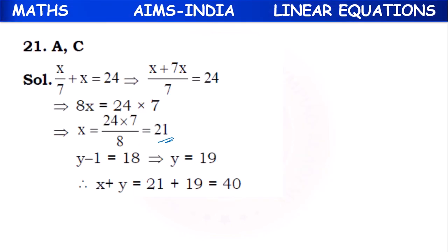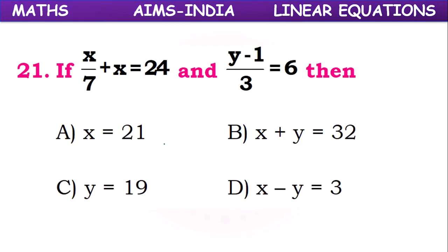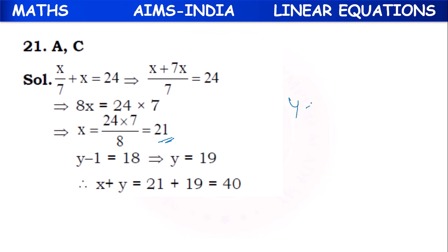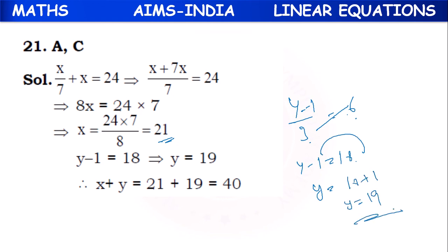What they have given? Y minus 1 by 3 equal to 6. On cross multiplication, y minus 1 equal to 3 into 6, 18 we can write. Next, y equal to, 1 we can take this side, 18 plus 1, y equal to 19. So y equal to 19.